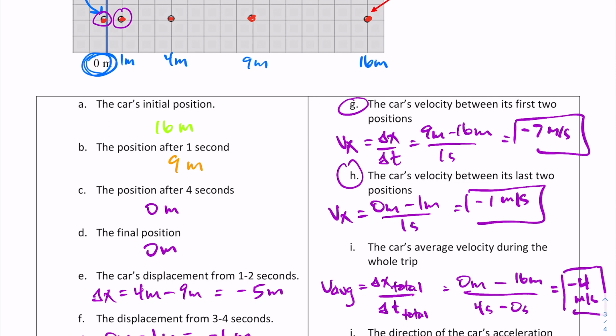All right, letter J. So what is the direction of the car's acceleration? In this case, the car is moving left. So we can say the velocity is leftward, but it's slowing down.